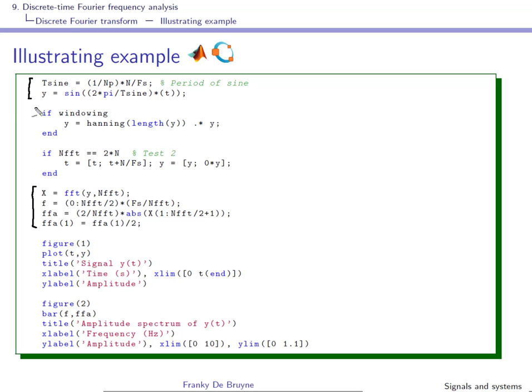If there is windowing, the Hanning function is used, and for test 2 we're doing zero padding, as you can see over here. So a data set only composed of zeros is added at the end of the original data set, and then what is done is to plot the signal and to represent the amplitude spectrum, and as usual we'll do this with the bar function.